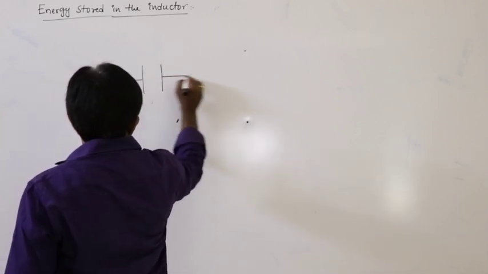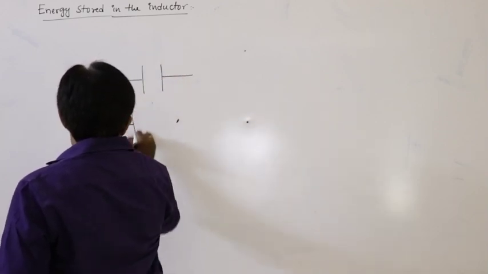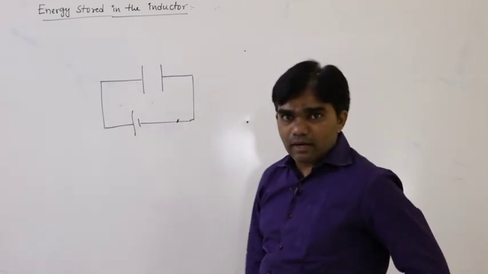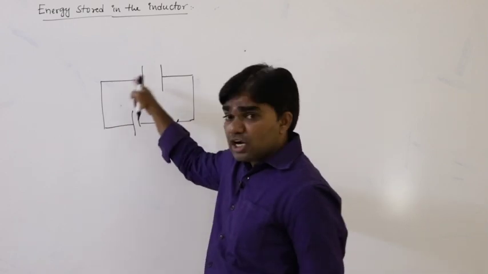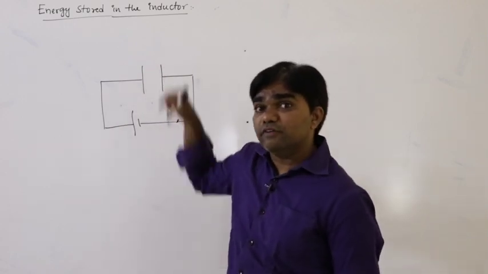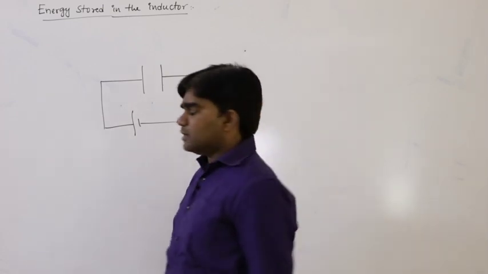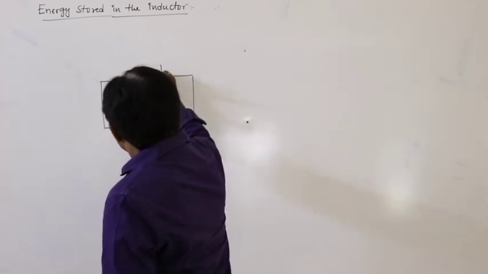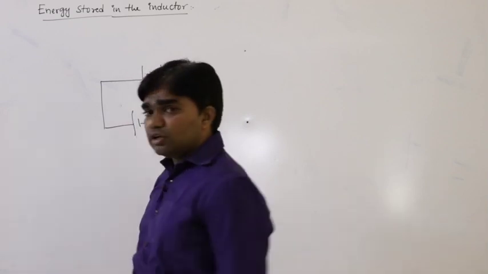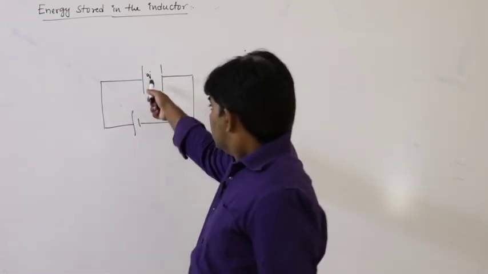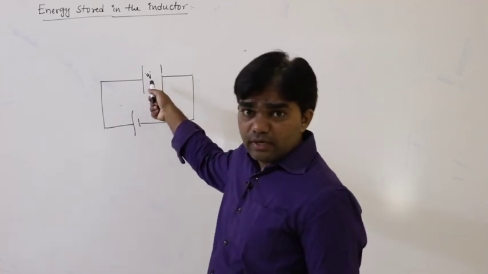Let us say it is the capacitor, connected to the battery. Then what happens? Charge accumulates on the plates of the capacitor. Let us say initially Q amount of charge is accumulated on the plates.